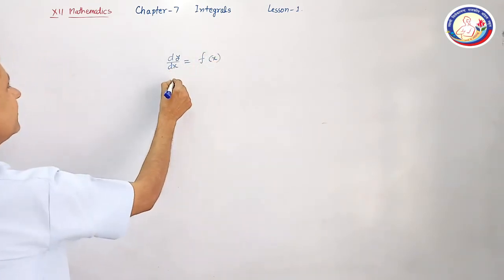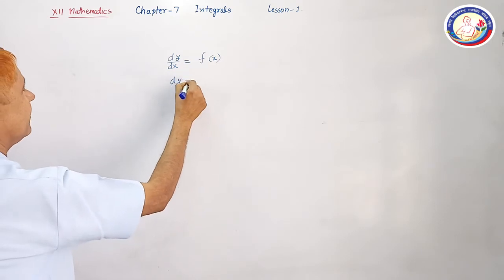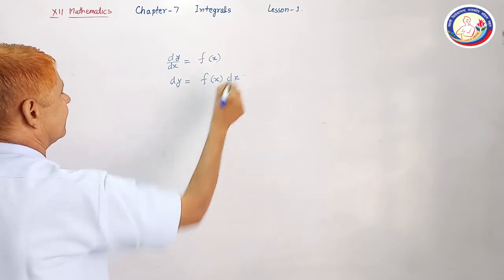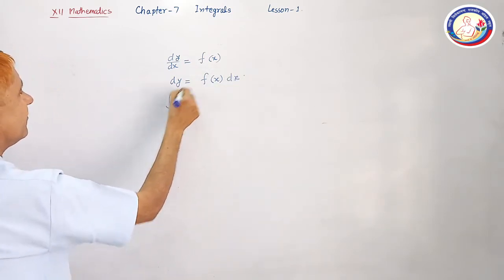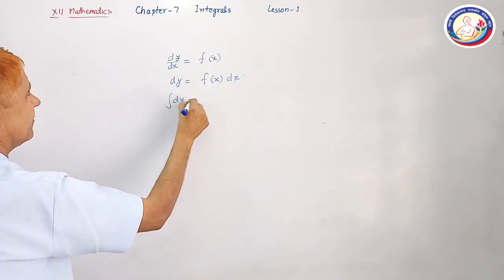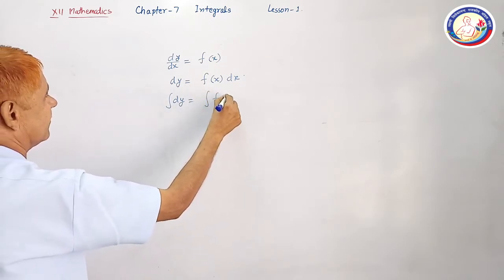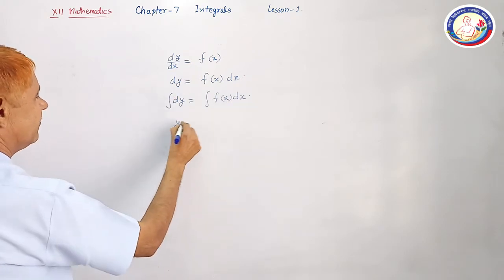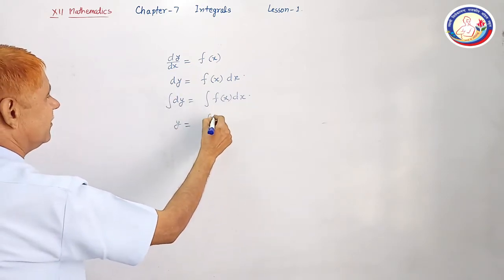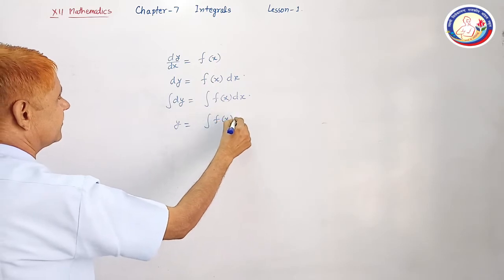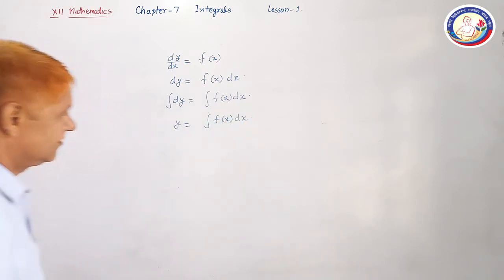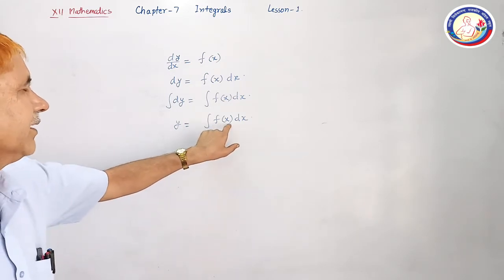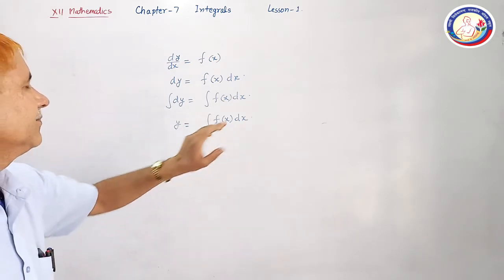We can write it as dy by dx equals f(x). Integrate this on both sides. Or y is equal to integration of f(x) dx. If y is the integral of function f(x), then we write it in this form.